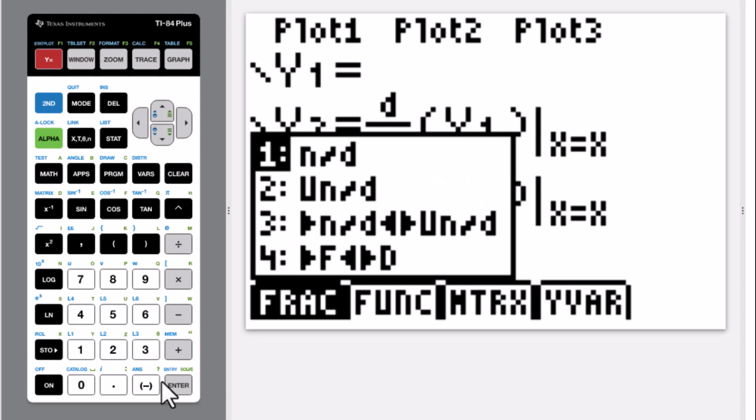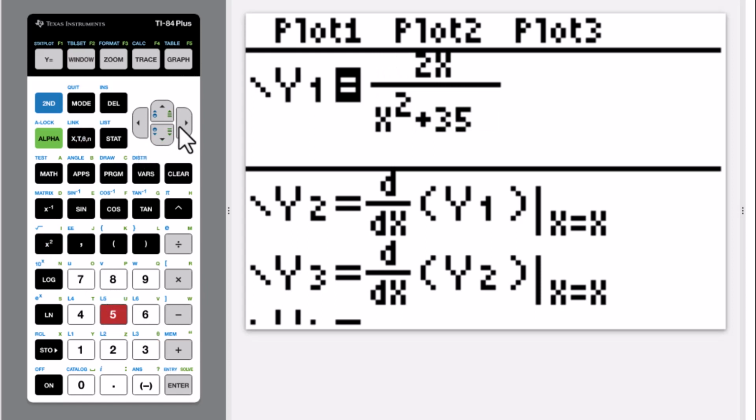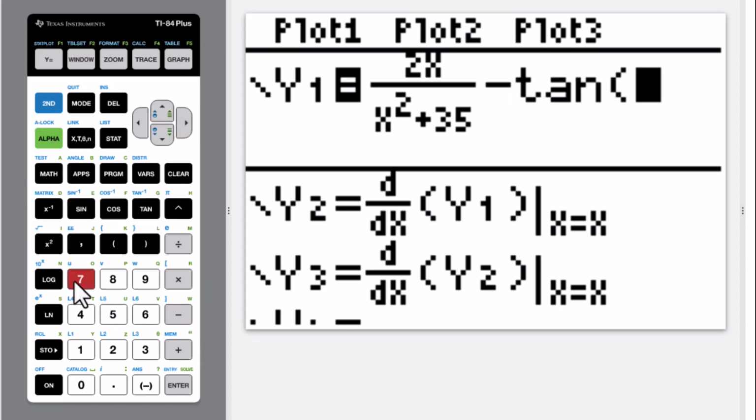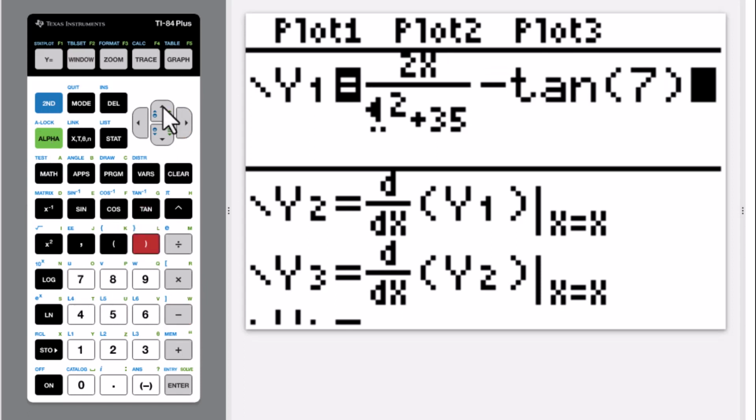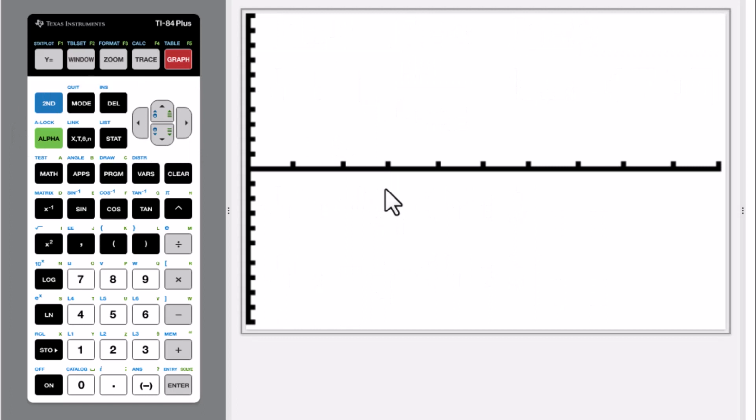Y equals 2x over x squared plus 35 minus tangent 7. Then graph. We are looking for x-intercept.